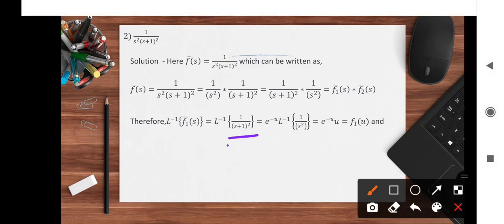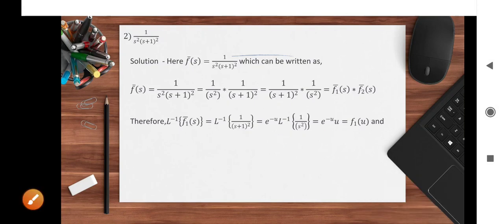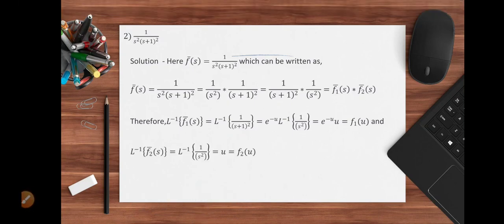Here 1 upon (s plus 1) bracket square. So applying first shifting theorem for inverse, we get e raised to minus u L inverse of 1 upon s square, and finally e raised to minus u into u as f1 of u. Now the second result is one of the standard results. So L inverse of f2 bar of s, that is L inverse of 1 upon s square, it's simply u. This is your second function f2 of u.